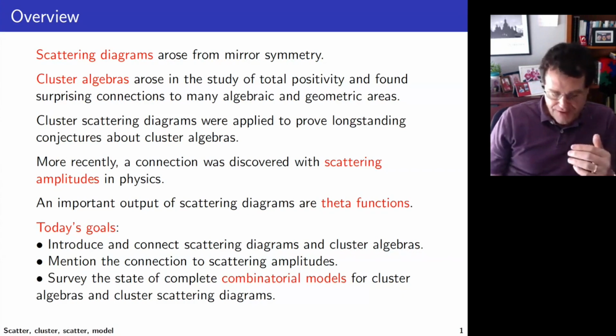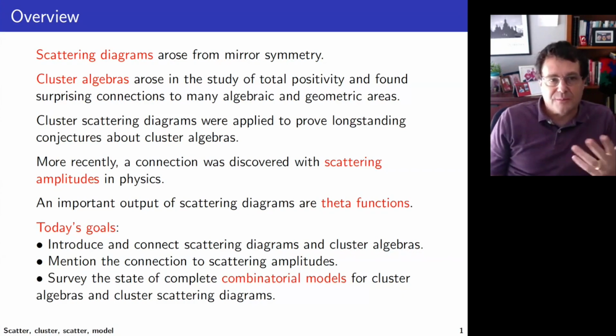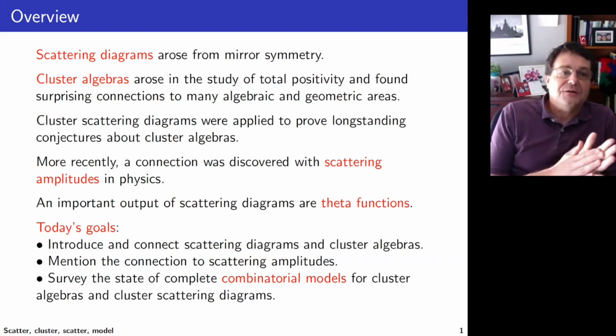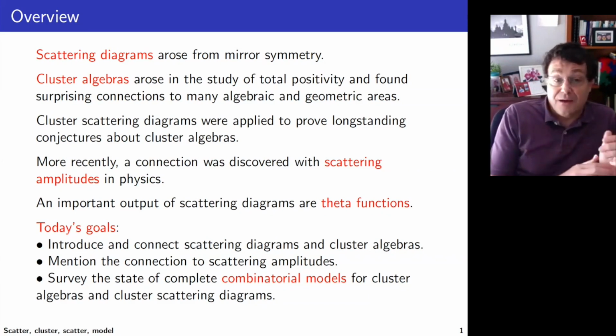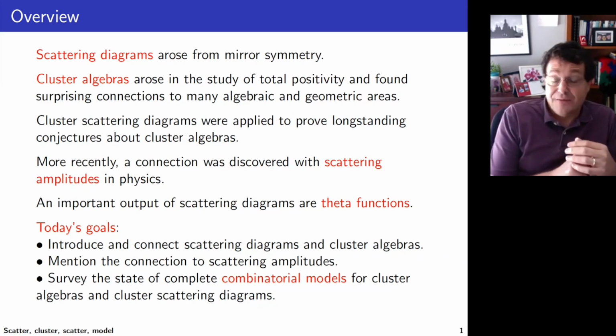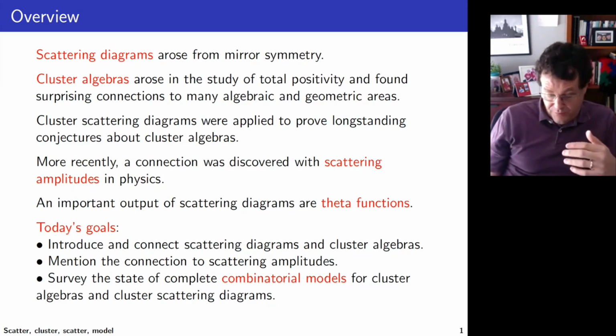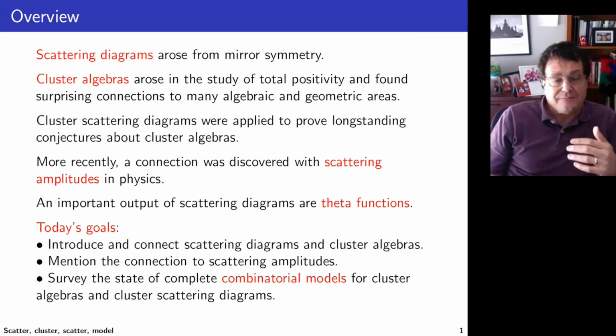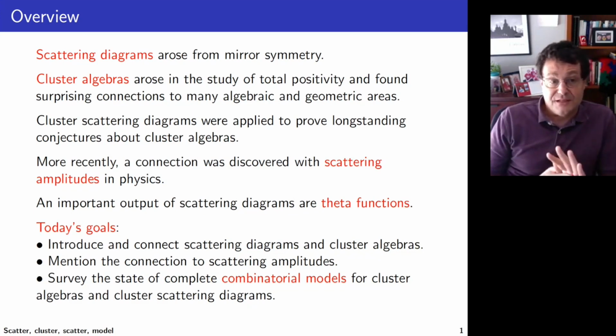In fact, it turned out that some of the work that had already been done before even the definition of cluster algebras was actually doing some things that we would call cluster algebras now. So cluster scattering diagrams were applied by Gross, Hacking, Keel, and Kontsevich to prove some long-standing conjectures about cluster algebras. And then more recently, there was this connection discovered between cluster algebras and scattering amplitudes in physics.